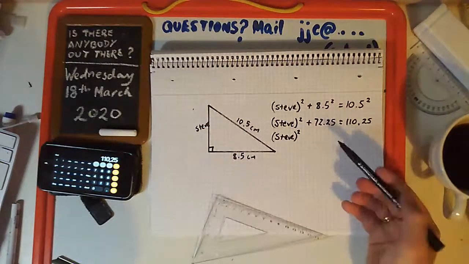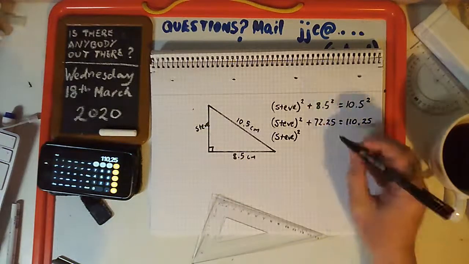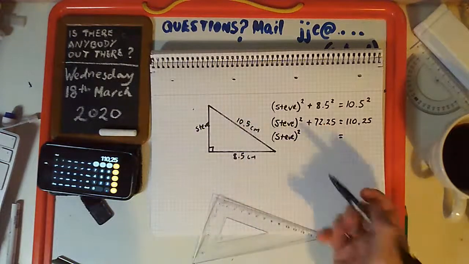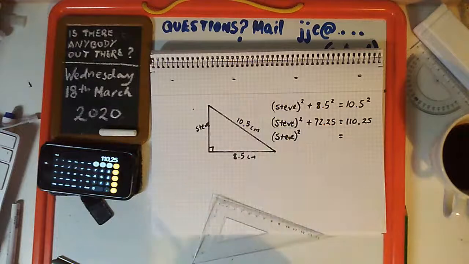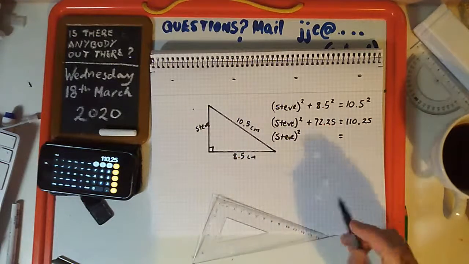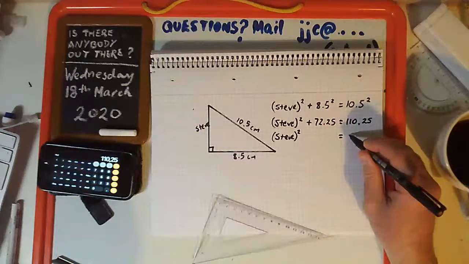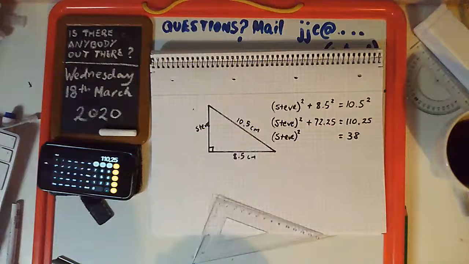So what I'm going to do is take away the 72.25. But because an equation is like a balance, whatever I do to the left-hand side, I also have to do to the right-hand side. So I have to take away 72.25 from the other side as well, leaving me, can I do that in my head, 38. 38 exactly.